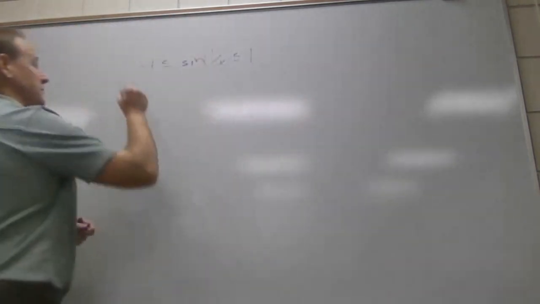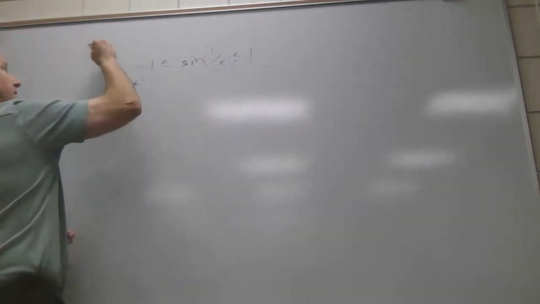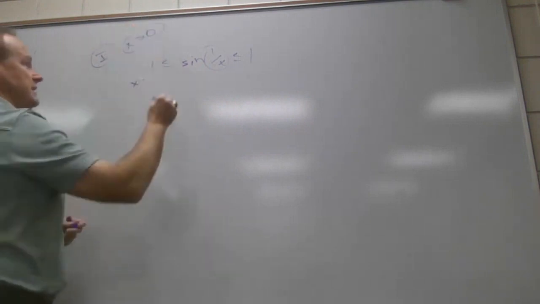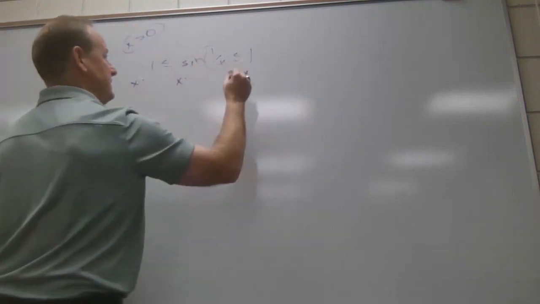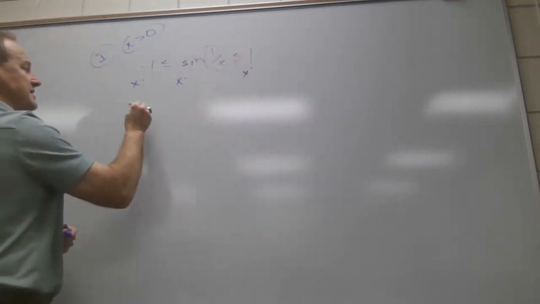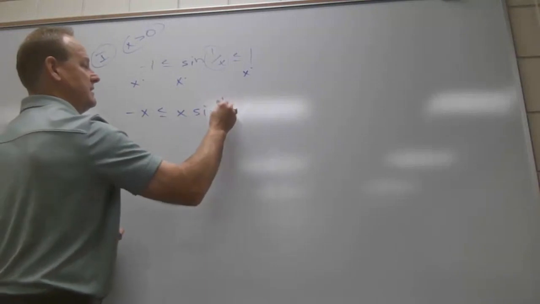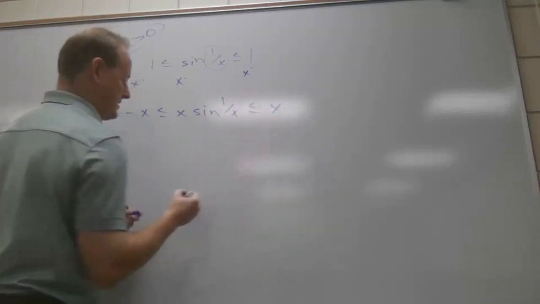And then I multiplied everything through by x, with case 1, x greater than 0. So I get minus x is less than or equal to x sine 1 over x, which is less than or equal to x.